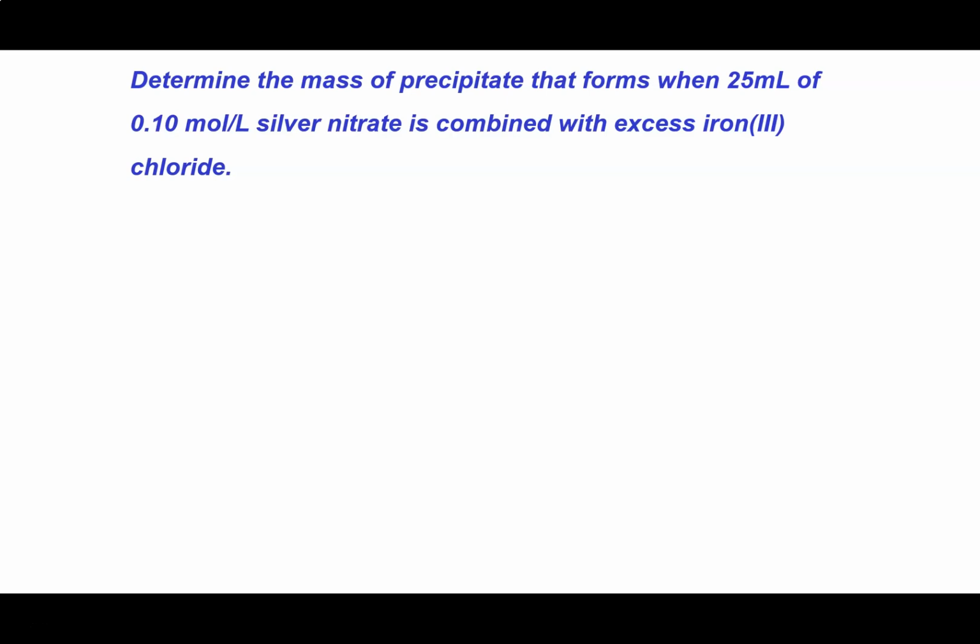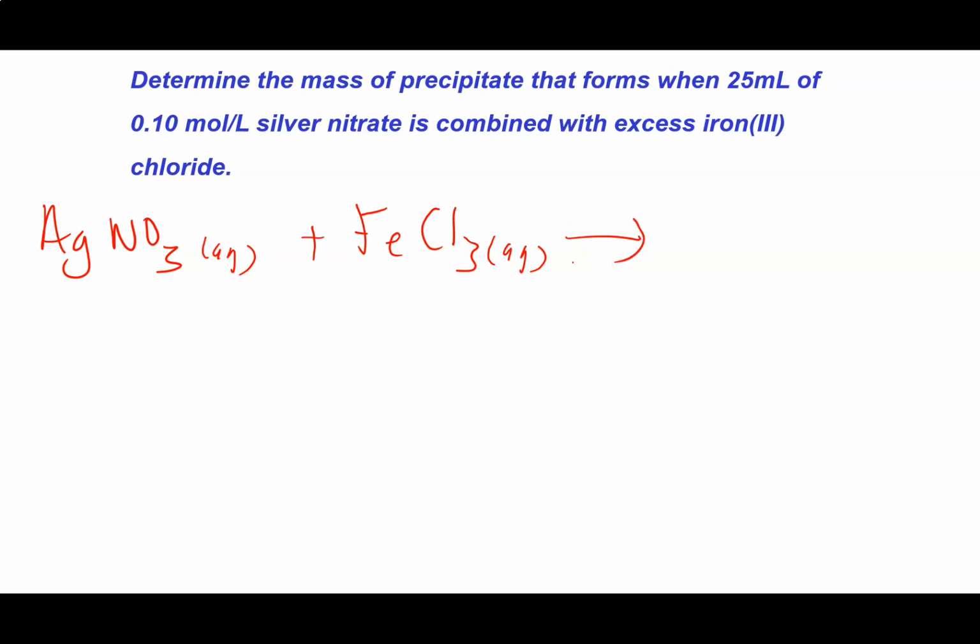So the first thing I need to do is get my balanced equation, right? So silver nitrate, that's aq, with FeCl3, that's also aq. What is it going to make? Well, I compare that: what happens when that combines with that? What happens when that combines with that?